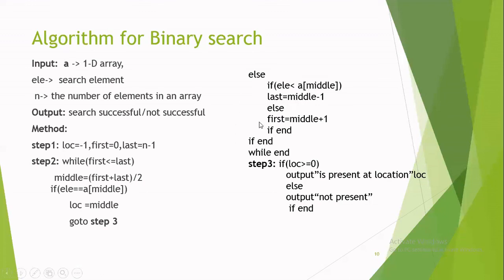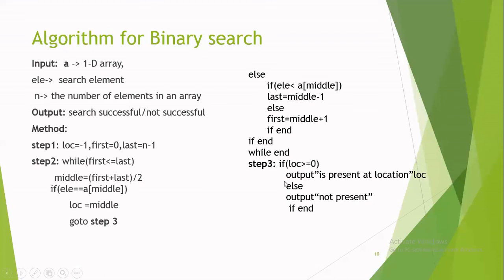So this process of finding the middle and comparing the middle element with the given search element is continued until this condition is true. That is, first value is less than or equal to the last value. So because of that reason, I have used a looping statement, that is while loop, with a condition first less than or equal to last.